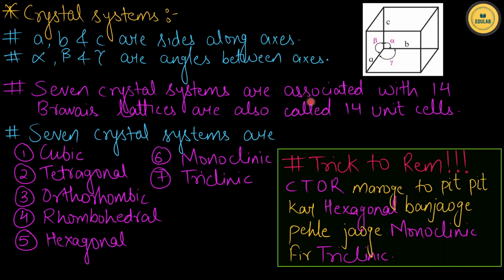There are 14 Bravais lattices in the 7 crystal systems. The 7 crystal systems are cubic, tetragonal, orthorhombic, rhombohedral, hexagonal, monoclinic, and triclinic.